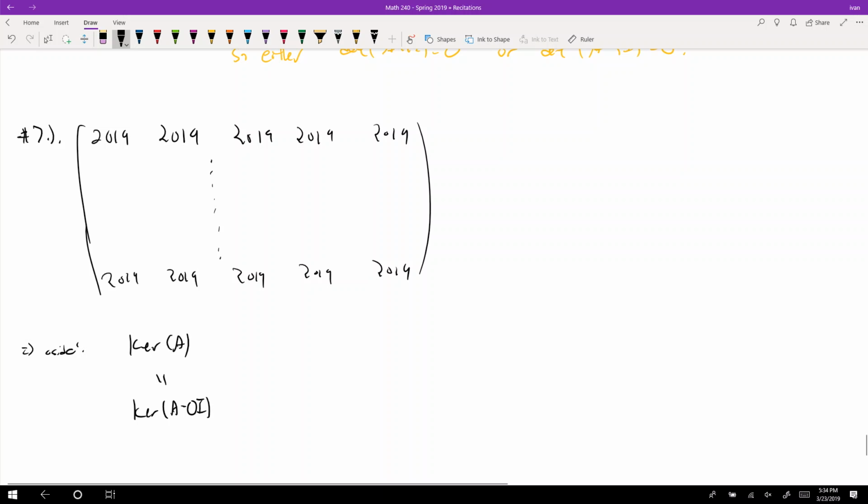So that means the kernel of A is the same thing as if lambda equals 0 was an eigenvalue. Right? It's the exact same thing. So that means that the dimension of the kernel of A, which is really the nullity of A, I can't spell, is the same thing as the dimension of the kernel of A minus 0I, for lambda equals 0.